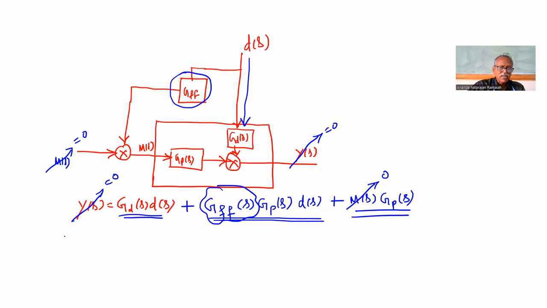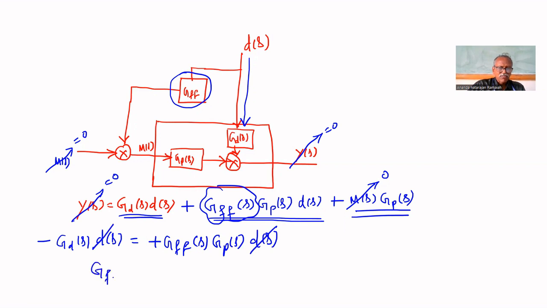Therefore, what you will get is GD of S multiplied by D of S equal to minus GFF, the feed-forward controller, multiplied by GP of S multiplied by D of S. D of S gets cancelled.